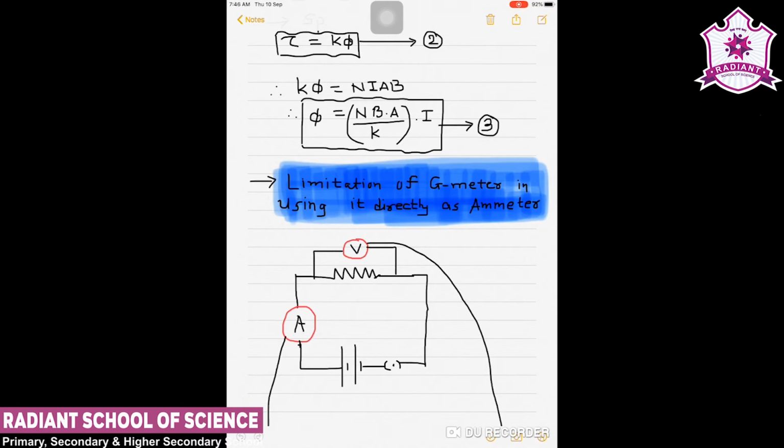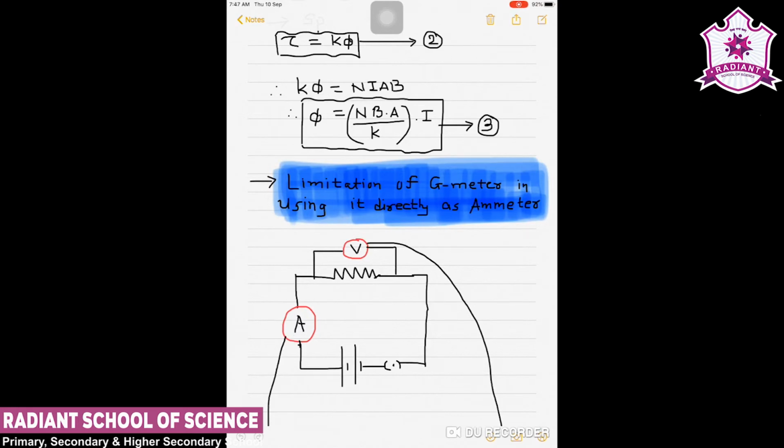So in the first case, if we use it as an ammeter, its own resistance will be added, and if we use it as a voltmeter, the resistive part will also come in, which will make some differences in the circuit.